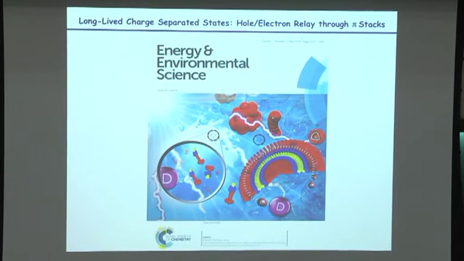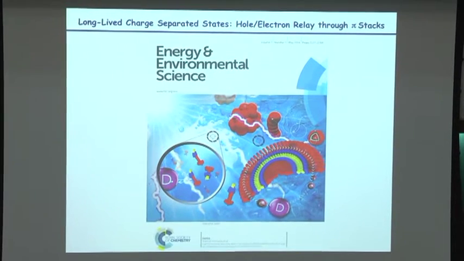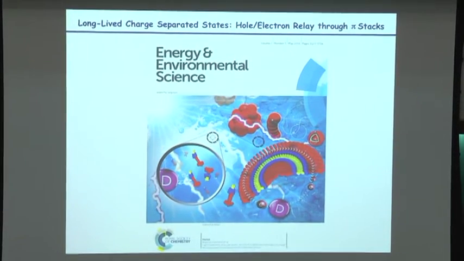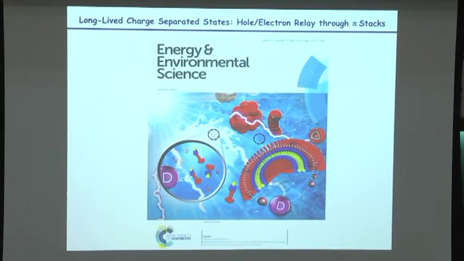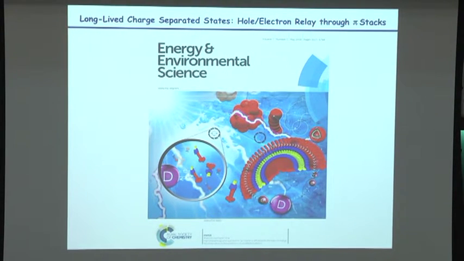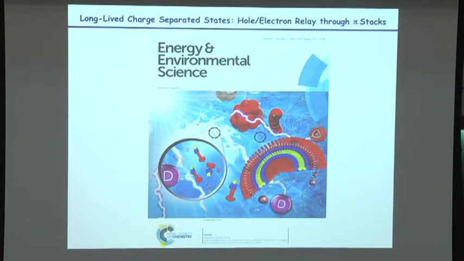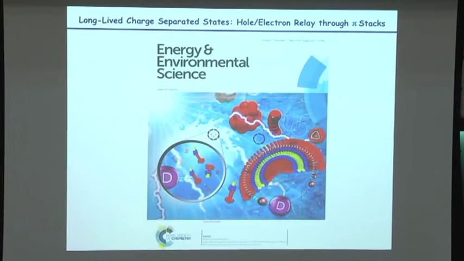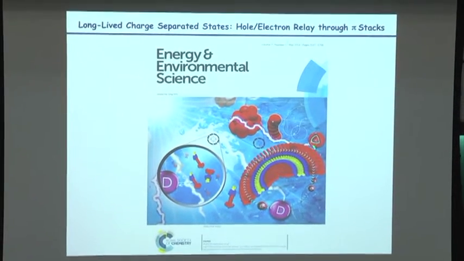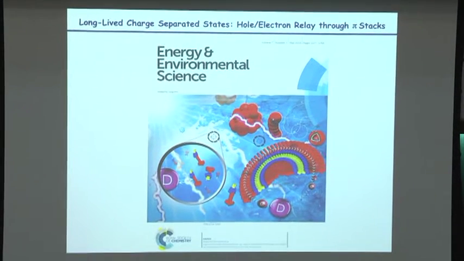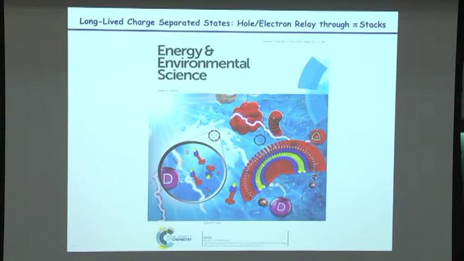So this particular work appeared as a cover art in Energy and Environmental Science, where you can see the donor and acceptor mixed together, illuminated with light. You can see that charge separation and recombination is almost spontaneous. And when you create a structure like this, it takes a longer time to recombine.